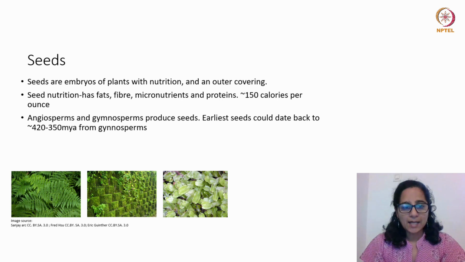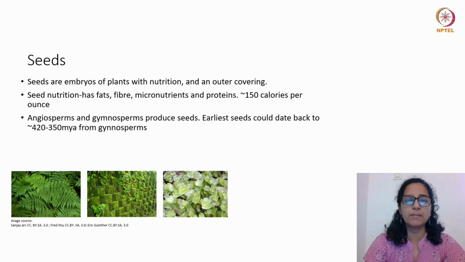Angiosperms and gymnosperms produce these seeds, and there are records of the earliest seeds that could be traced back to 420 to 350 million years ago from gymnosperms. These are fossil seeds dating back to around 400 million years ago.